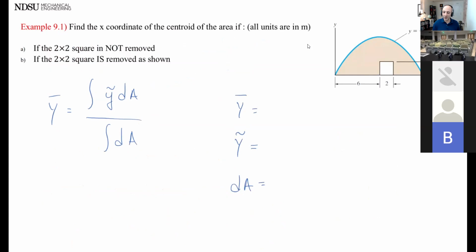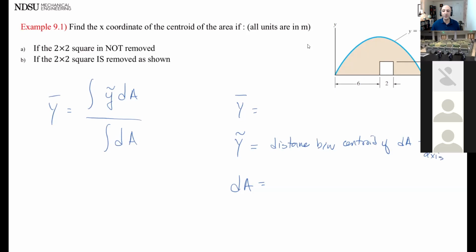So y tilde is the distance between the centroid of that little sliver dA and the x-axis.